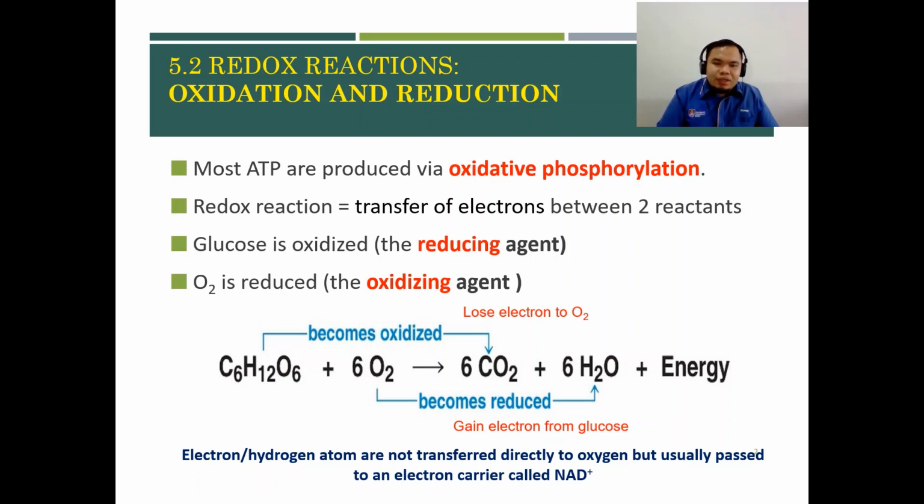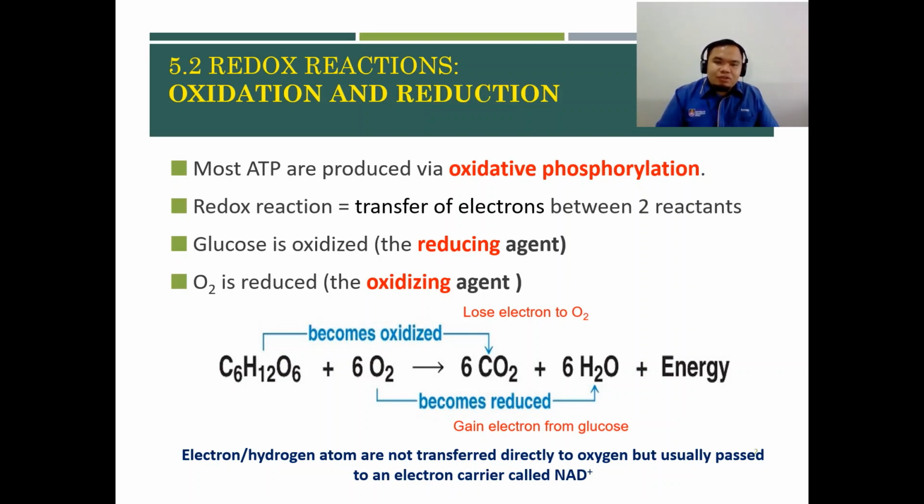Oxygen gains electrons from glucose and becomes reduced into water, together with energy. This is the chemical reaction for glucose in cellular respiration. Although electrons or hydrogen are not transferred directly to oxygen, since this is a long process, this is just a simplified equation showing cellular respiration.